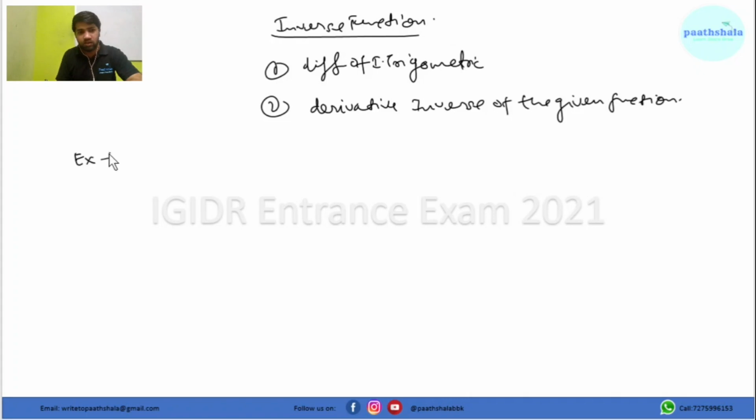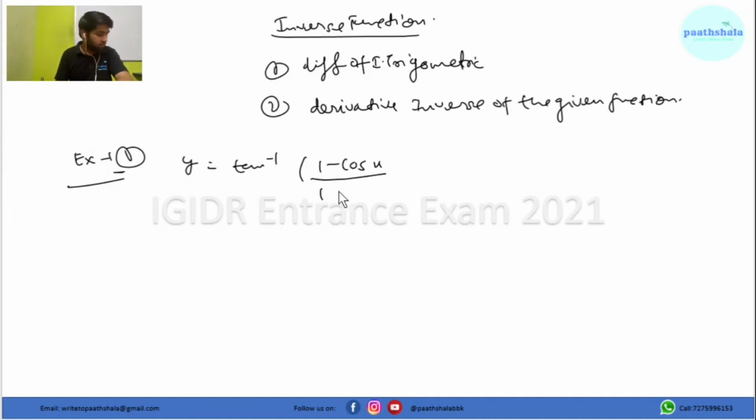So let's take an example. Example one: suppose we are given y equals tan inverse of (1 - cos x) upon sin x. So this is the question. What I'm going to do here is apply the half angle formula.